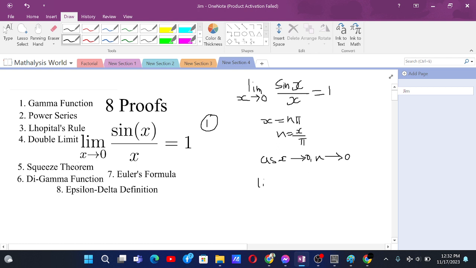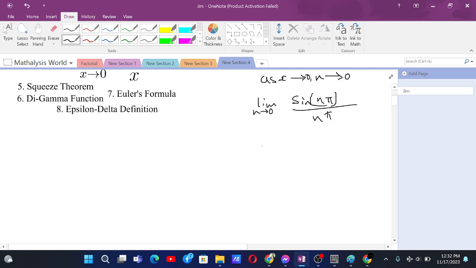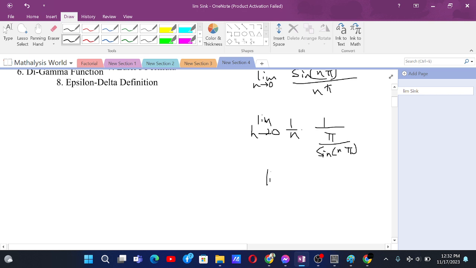So we have limit n goes to 0, sine of n pi by n pi. Now we can take n out, and then we have 1 by n, times pi by sine n pi. Now I think you know something about this formula, pi by sine n pi. Yeah, this is the reflection formula of the gamma function. Limit n goes to 0, 1 by n, and then 1 by gamma n, gamma 1 minus n.